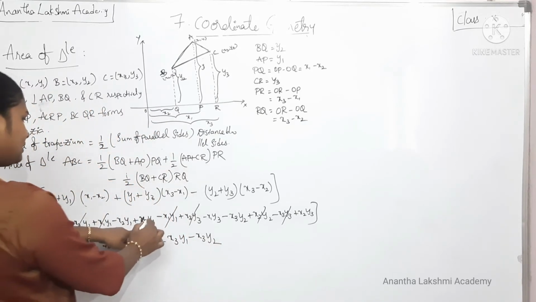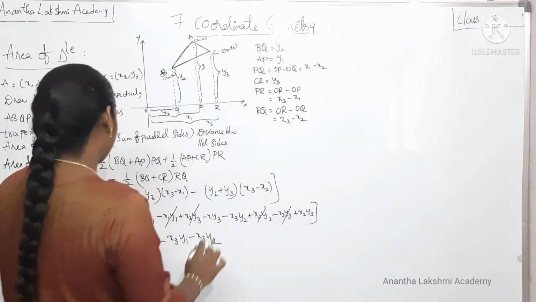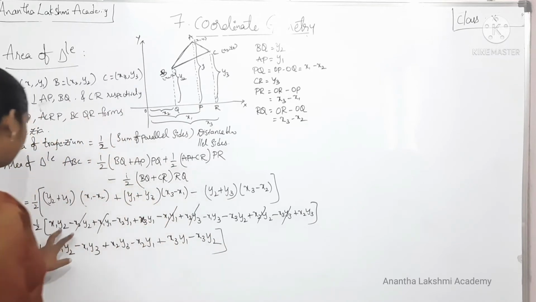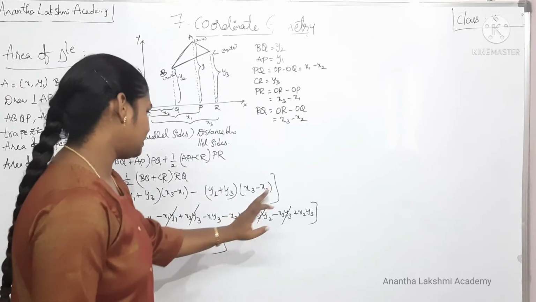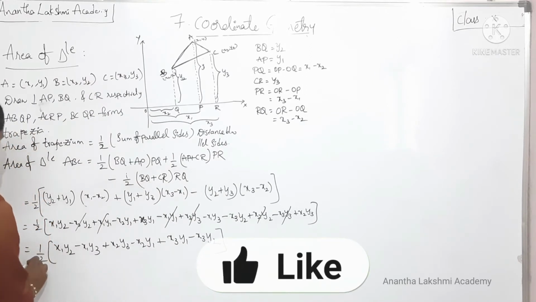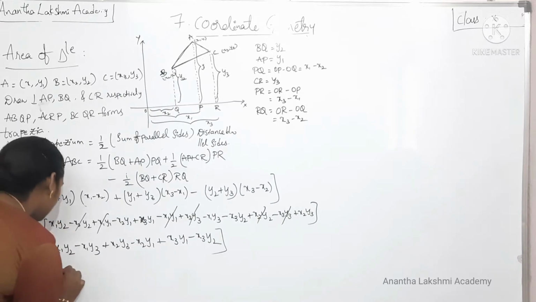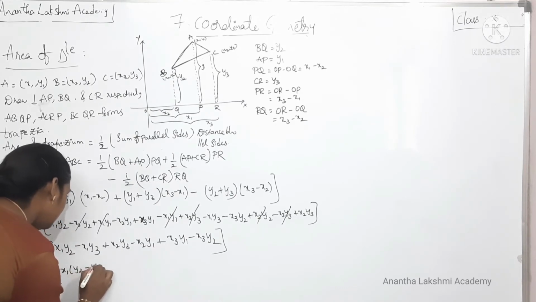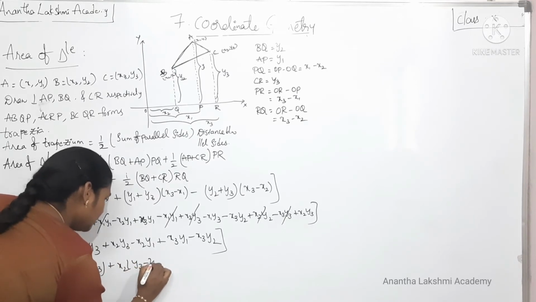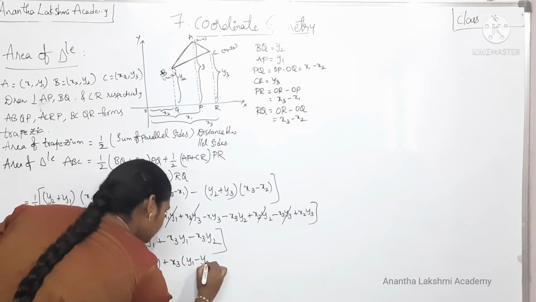That's all we have. How many terms? 1, 2, 3, 4, 5, 6 terms we have, and we have written them. Now, what happens to this? Half into, take x1 common in the first two terms: x1 into y2 minus y3, plus x2 into y3 minus y1, plus x3 into y1 minus y2.